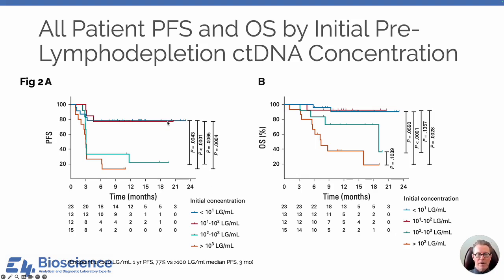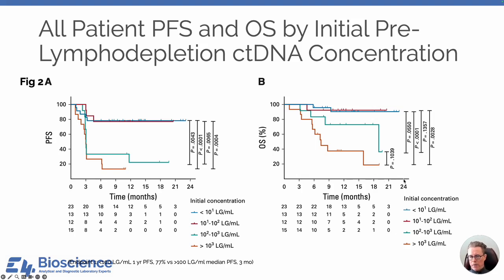There's no statistical difference between these two lines, but there is a significant difference between that and patients that have more than 100, and up to 1,000. It's pretty obvious that if you are a patient with lymphoma, you want to have less than 100 lymphoma genomes per milliliter. It's not quite as clear-cut with overall survival, but it certainly is trending in the same way, where patients that have lower counts have better survival over time.